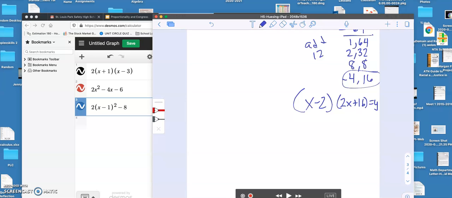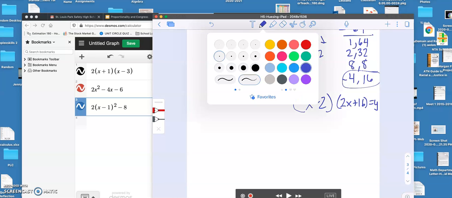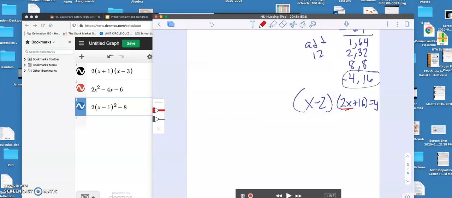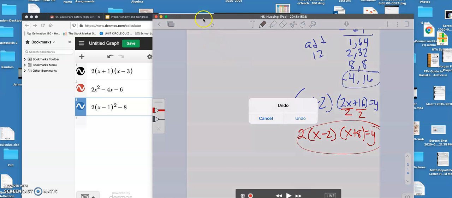But again, for intercept form, in the parentheses, it's just x minus or x plus. So in the second parenthesis, we have that 2 next to the x, so we just divide everything by 2. I'll bring that out in front. So we still have x minus 2 in our first parenthesis, and our second one would be x plus 8, equals y.